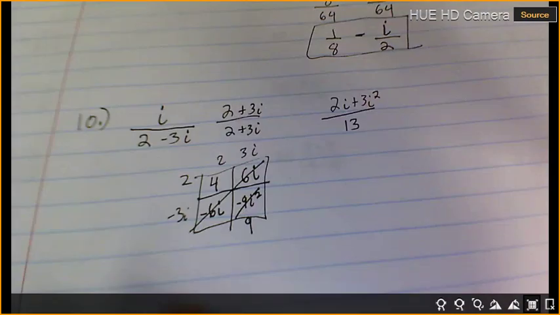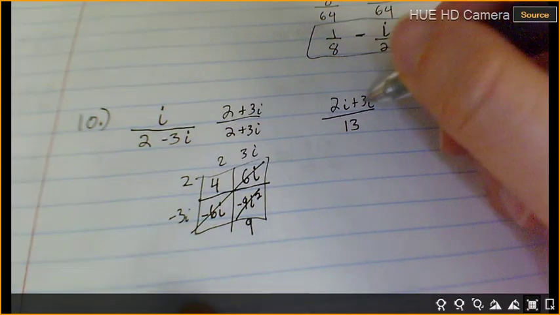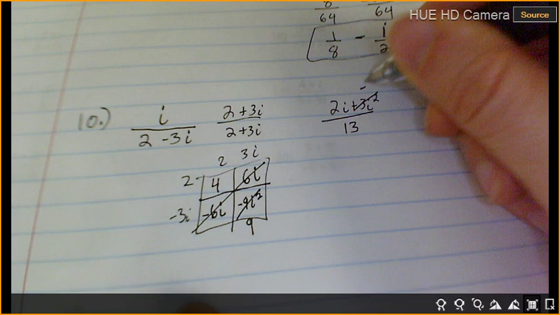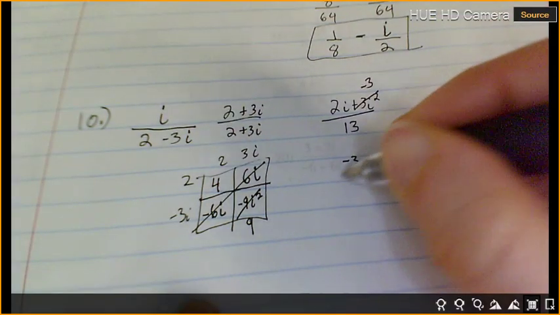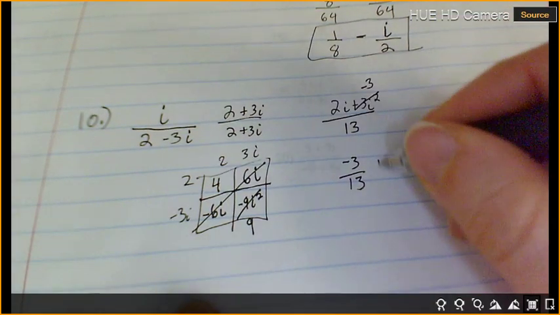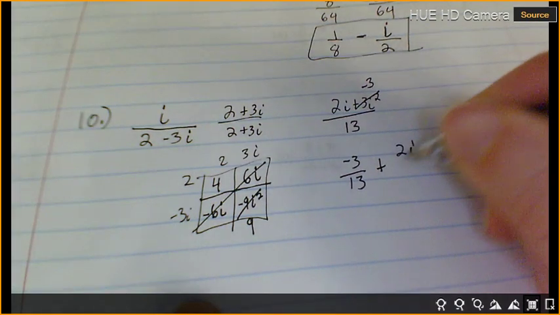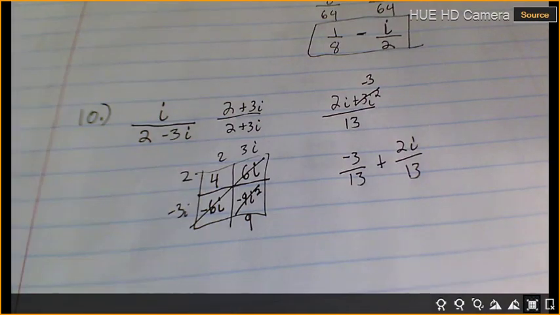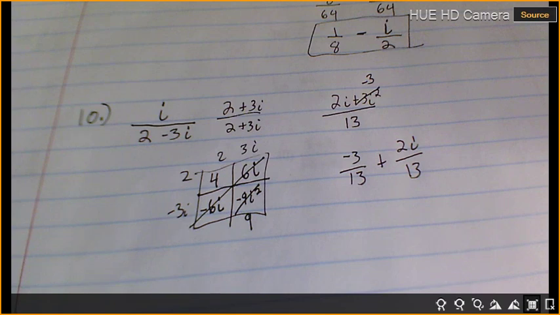Now, remember, we have to change this 3i squared to negative 3. So we're going to list that first. Negative 3 over 13 plus 2i over 13. Remember, we want the i's to come second. That's the rule. So it should be a plus bi.